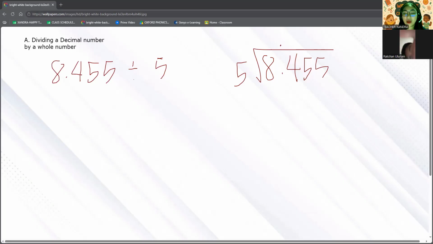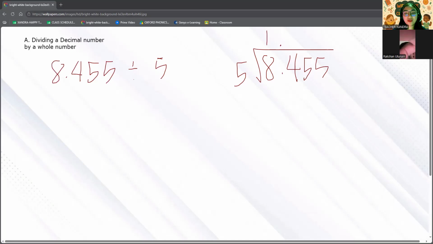Okay, and then what you're going to do is you divide 8 by 5. It's kind of like how many fives can you make in 8? 1. Okay, 1.